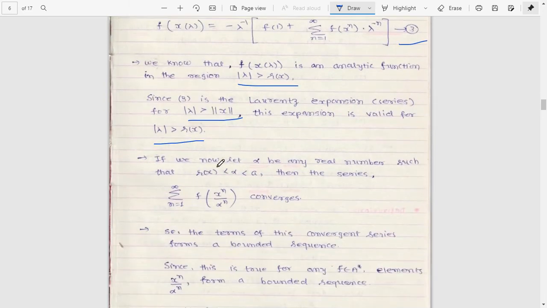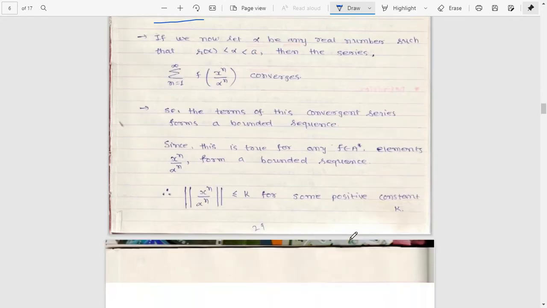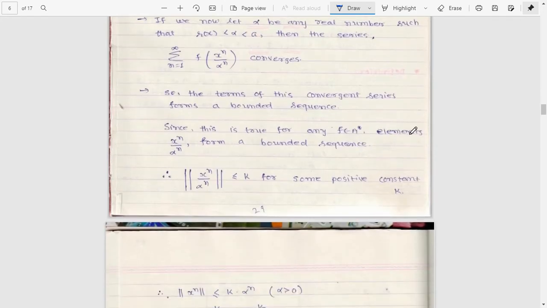If we now let alpha be any real number such that r of x is less than alpha less than a, then the series summation n equal to 1 to infinity f of x raised to n upon alpha raised to n converges. So the terms of this convergent series form a bounded sequence. Since this is true for any f belonging to A star, the elements x raised to n upon alpha raised to n form a bounded sequence.